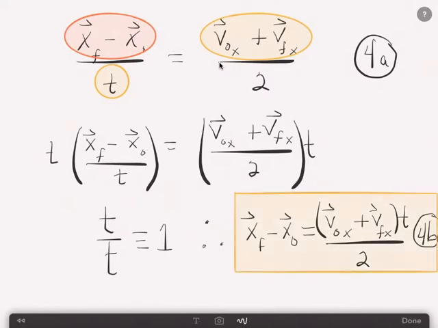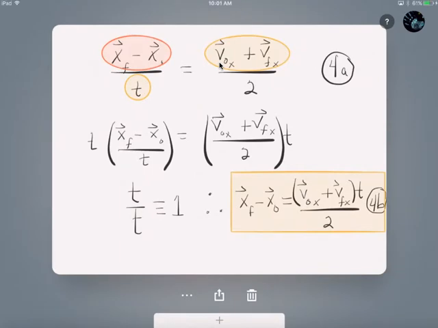So we'll use that equation. Now what we're saying is we can find the displacement as long as we know the initial velocity in the x direction, the final velocity in the x direction, and the time it takes for this event to take place. That's all we're saying. You have the tools to measure what's on the right side. And since you have the tools to measure what's on the right side, we know that the entire right side represents the displacement in the x direction. That's what this equation is saying. And yes, it is beautiful.